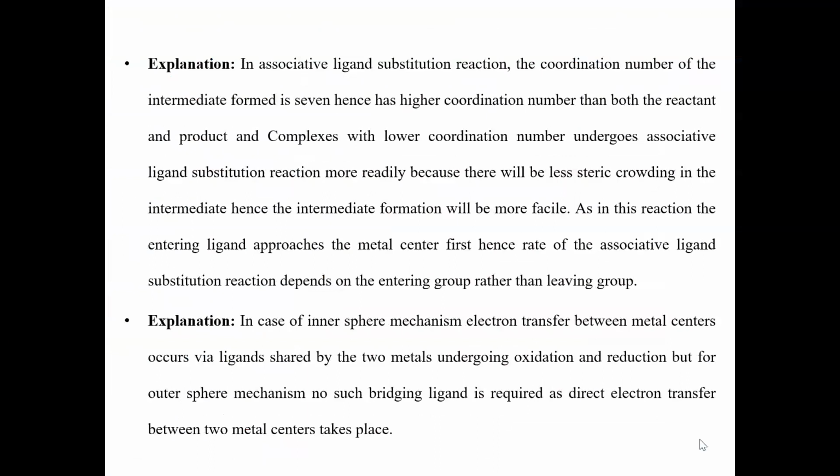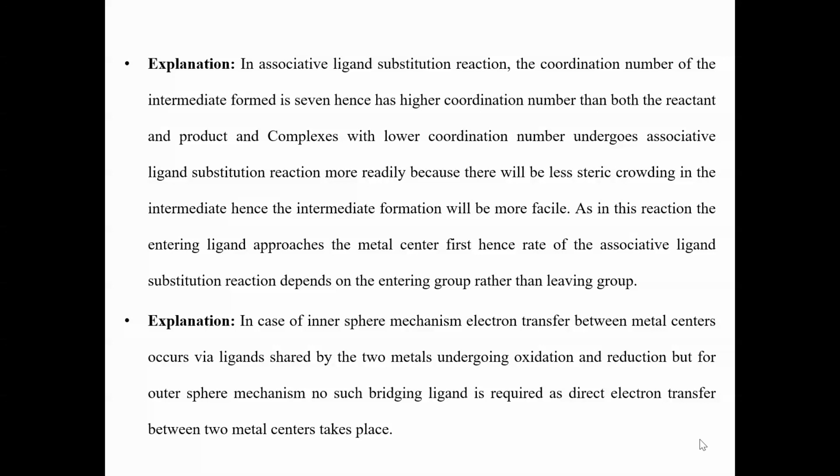You know about the octahedral wedge structure in which the coordination number is 7. Hence it has a higher coordination number than both the reactant and product, because in product you will finally be getting the lower coordination number, or you can say 6 coordination number in case of octahedral.